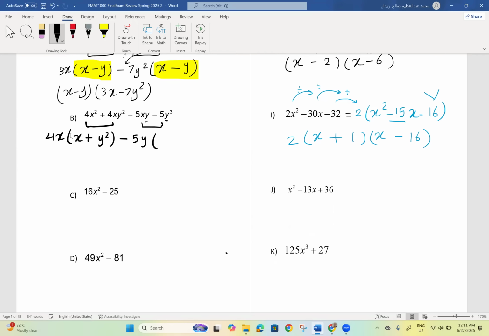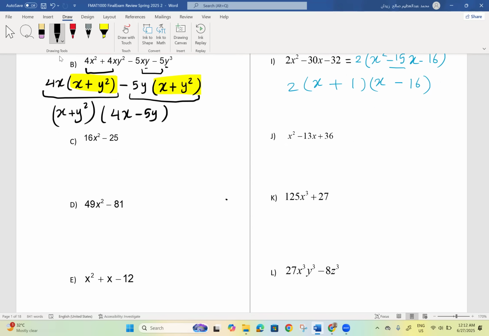So you have inside x plus y squared, since 5y cubed over 5y is simply y squared. So this expression, x plus y squared, you can take as the highest common factor. So the x plus y squared is the common factor from each group, and you have left inside 4x minus 5y. Thank you, that's it.